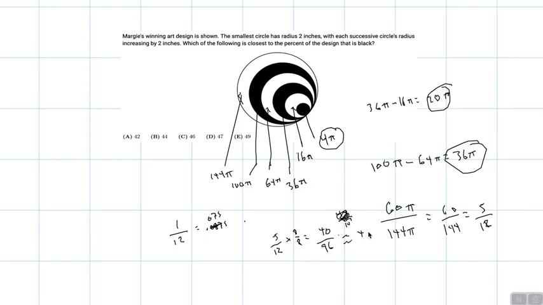Is that close enough to 44 over 100? Yeah. Let me think if there's a simpler way of doing this.